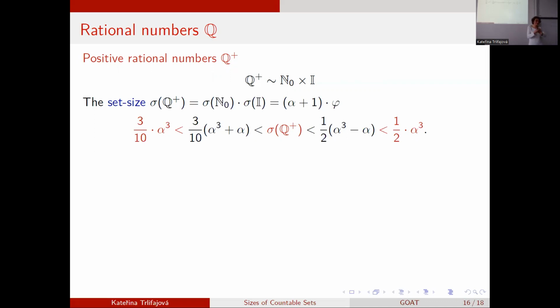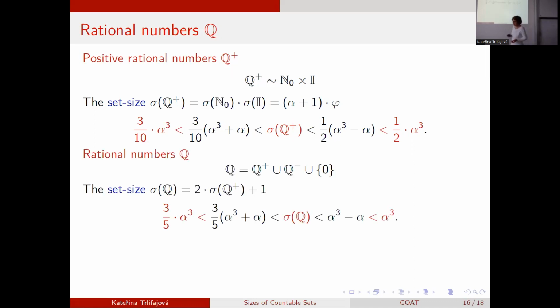At first glance it can be surprising, but in fact it makes sense, because rational numbers are infinite in length, but also in depth.